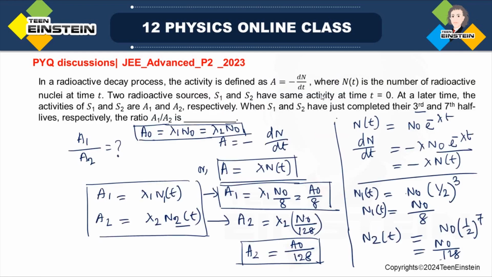So the ratio of activities A1 to A2, when the first sample has undergone 3 half-lives and the second sample has undergone 7 half-lives, is 16. So A1 over A2 is 16. This is the answer for this question.